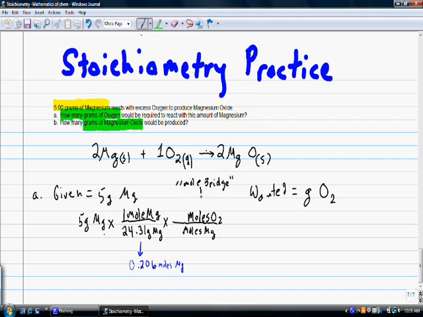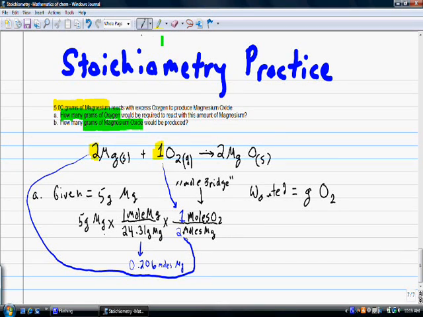Well, where do we get numbers to put in here? Looking at our balanced chemical equation, I know that I have 2 moles of magnesium for every 1 mole of oxygen. And so that's where we get numbers. I'm going to make this 1 mole of oxygen from my balanced chemical equation to 2 moles of magnesium.